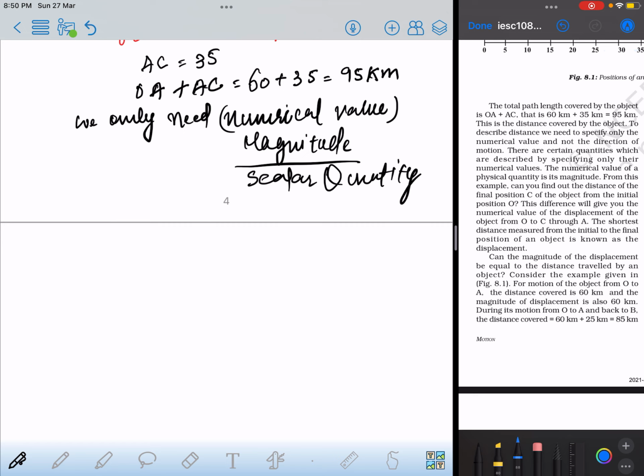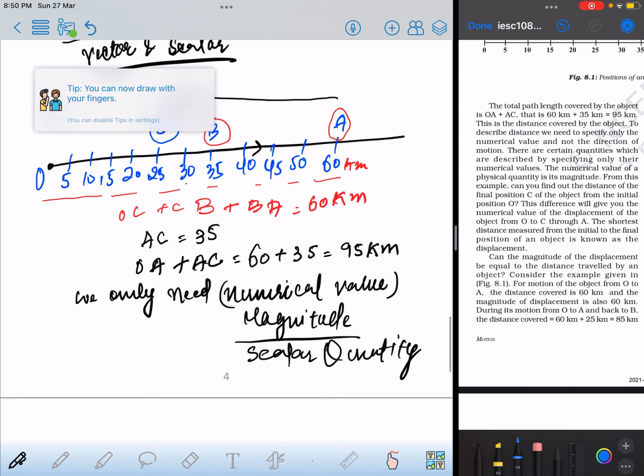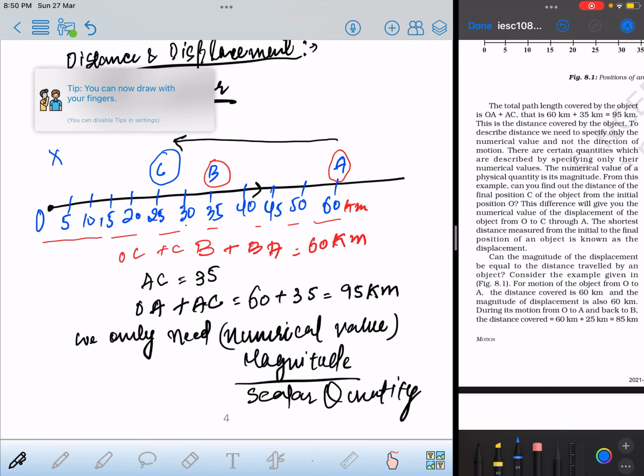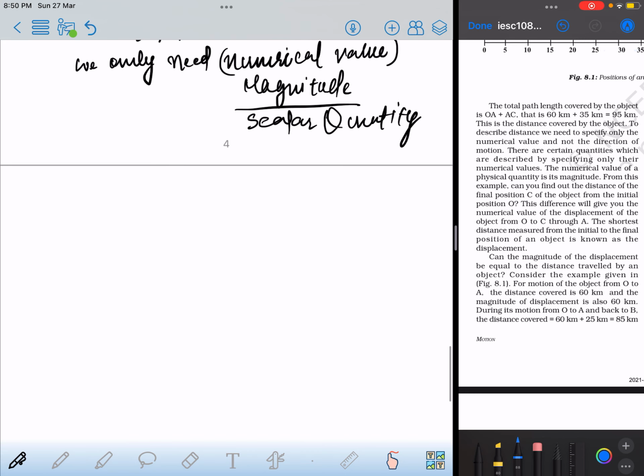Here the body has multiple directions going from O to A to B. You can look here, O to A, and A to B, O to C. They have different directions. So the body has n number of directions, not a particular direction. Then the quantity is a scalar quantity, and this type of quantity we term distance.